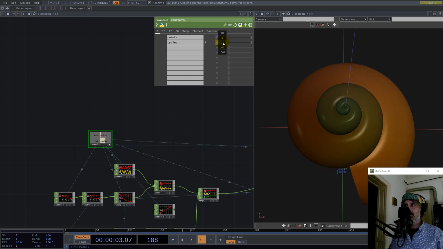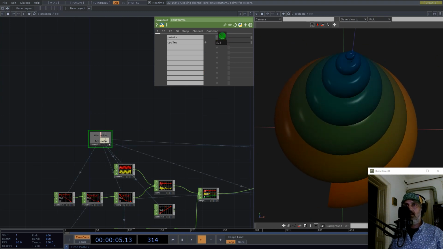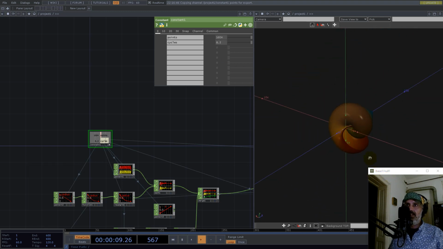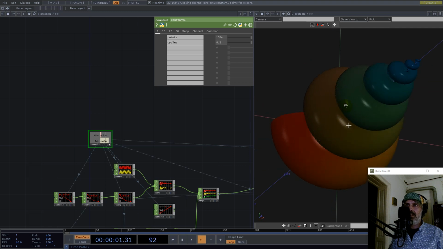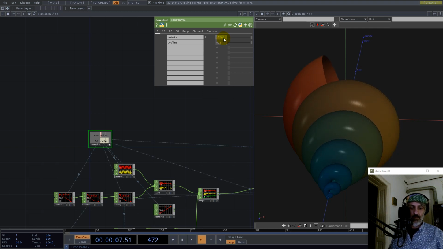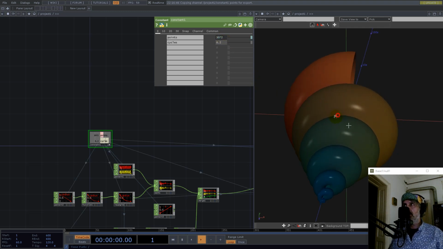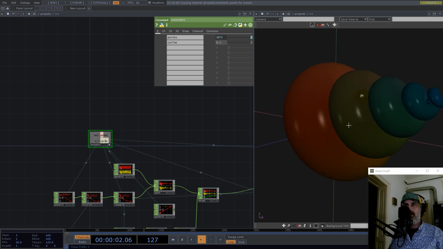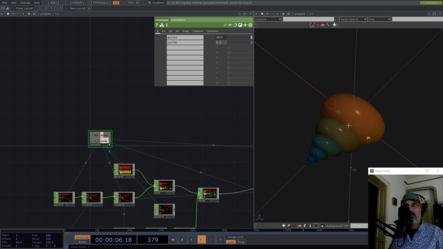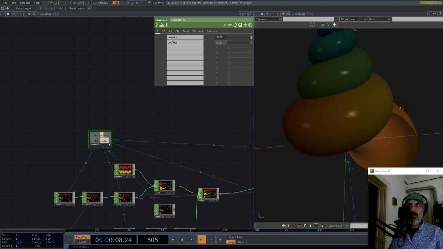If instead we want more cycles, we can add the cycles, and the shell will stay very nice. And also the number of points, if we use a higher amount, it will go smooth. It's a very nice way of dealing with instances.